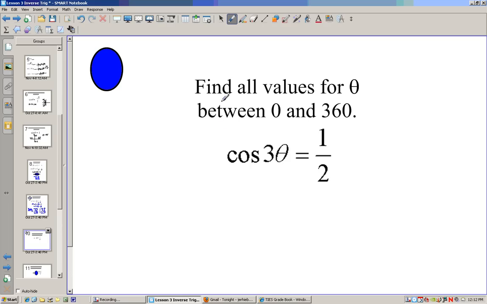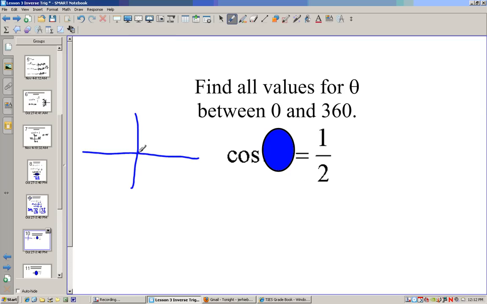All right, now this one is a little bit different, the cosine of 3 theta, because it shrinks the function by a factor of 3. So let's first do this problem as if it was just, say, theta on the circle. We want to see where the cosine will be 1/2. We'll have 1 over 2's.